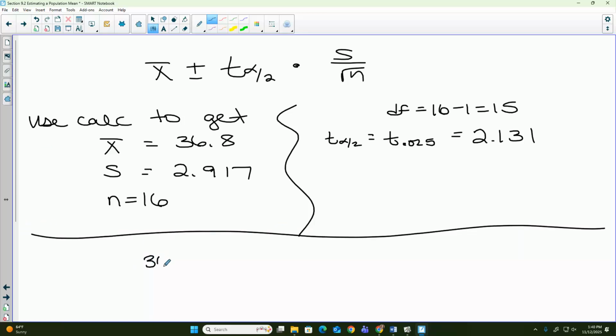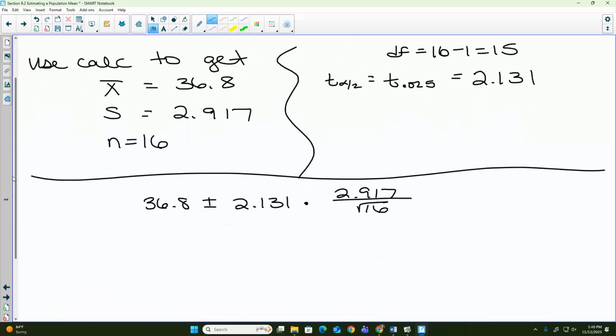Now, x bar, so 36.8 plus and minus 2.131 times 2.917 over the square root of 16. So you plug that in, make sure you do your minus first.